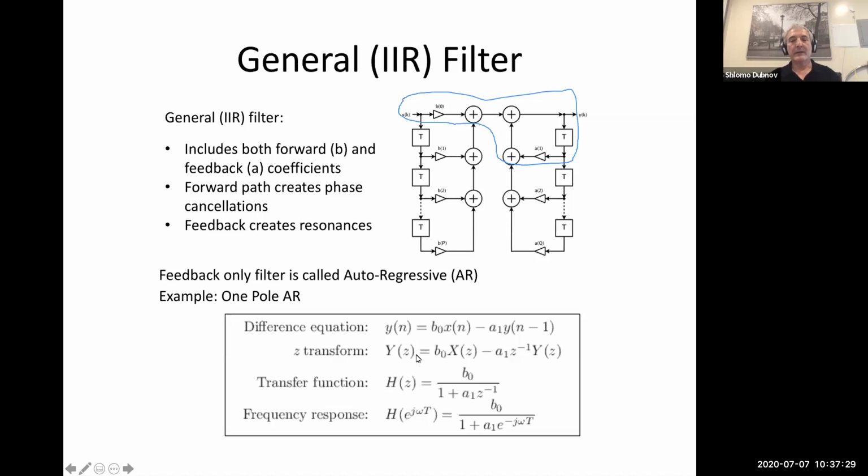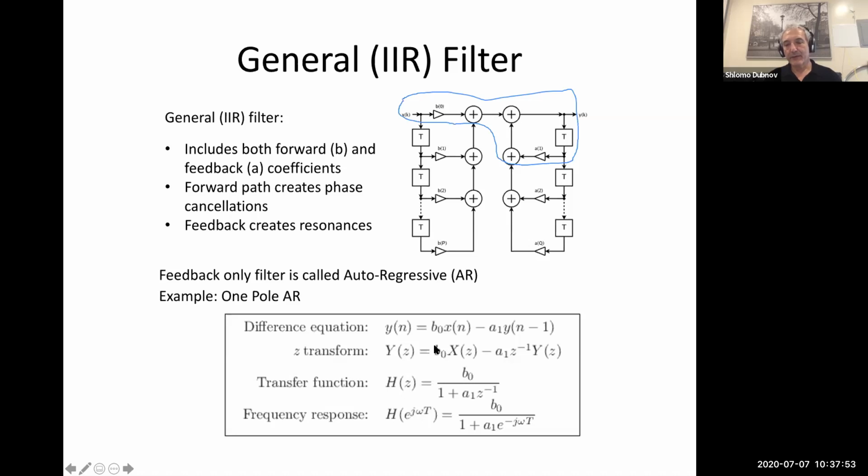Now, why I needed to talk about the convolution theorem: you can think about this idea that X and Y are related in frequency as a filter. If we move X on one side and Y on the other side, you have a relation of Y equals H times X.